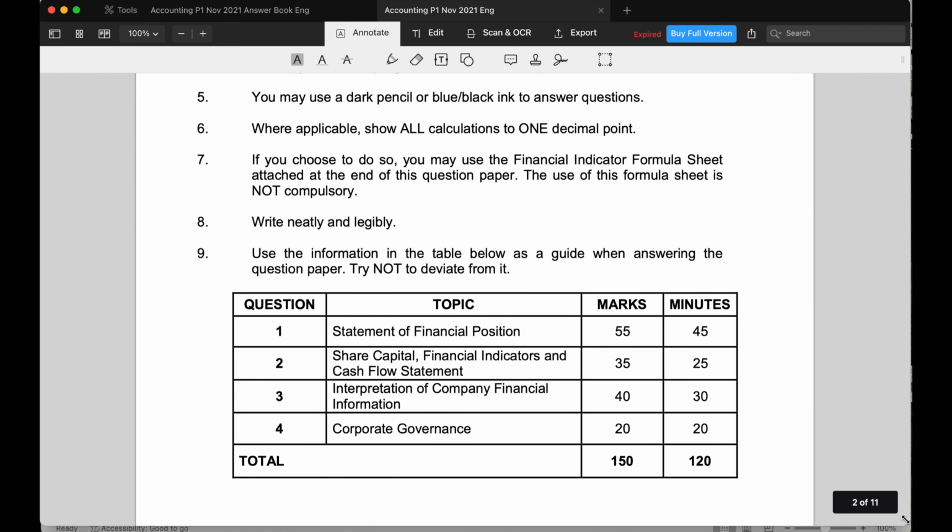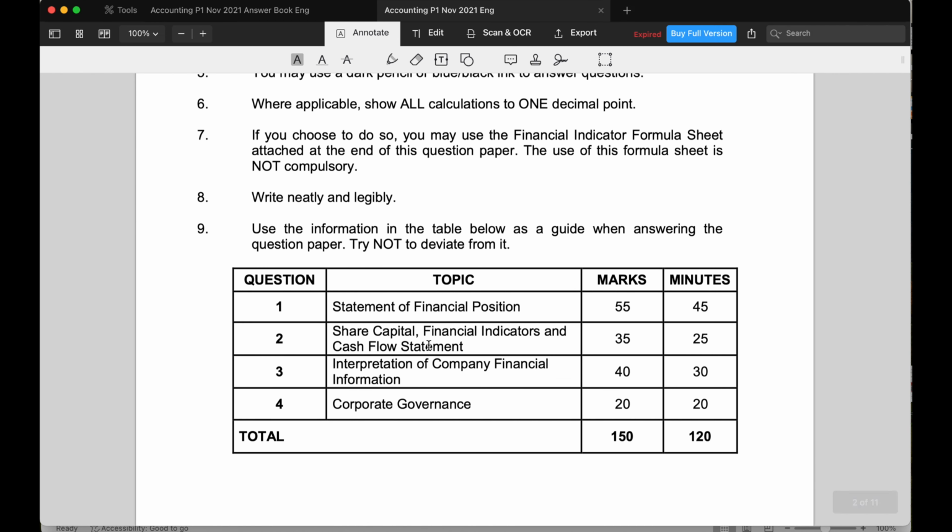Question 2 is about share capital, financial indicators, and cash flow statement. 35 marks, 25 minutes. So there are 3 concepts that they are asking here. 25 minutes is not so much time. We're going to use the answer sheet that is provided. Question 2, answer sheet 2.1, ordinary share capital note.